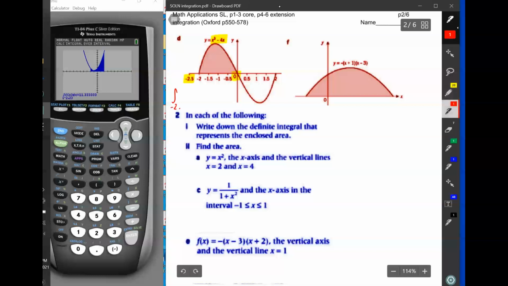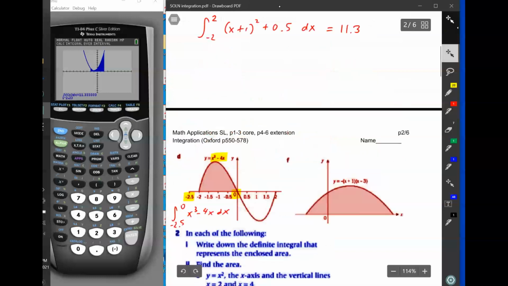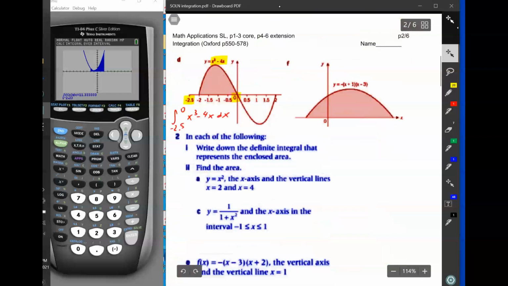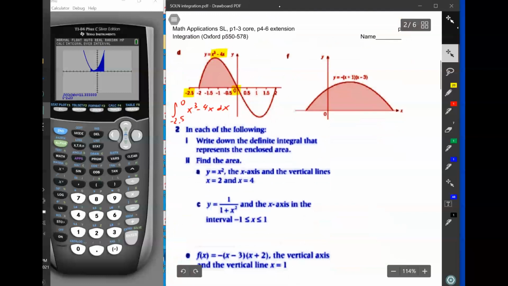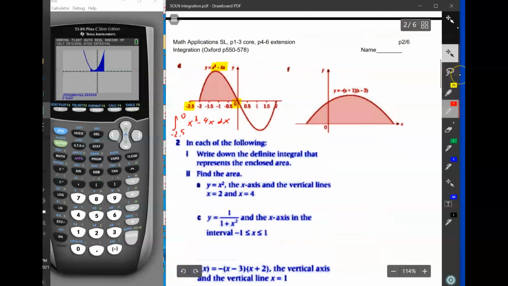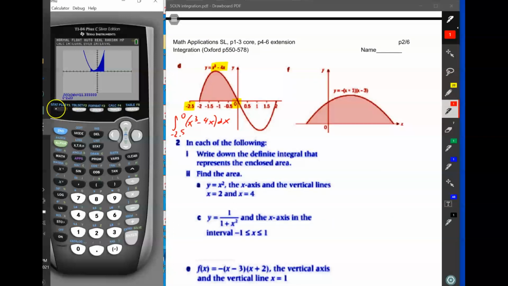So negative 2.5 to 0, and the function is x cubed minus 4x dx. I'm just going to make sure that we're just looking for the shaded region. Yeah, the area of the shaded region. Okay. Now, in the calculator, they put parentheses around here just to make sure that the dx isn't mixed in there. Let's go ahead and figure this one out.